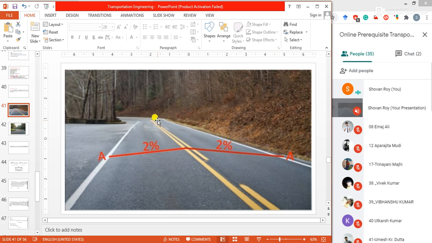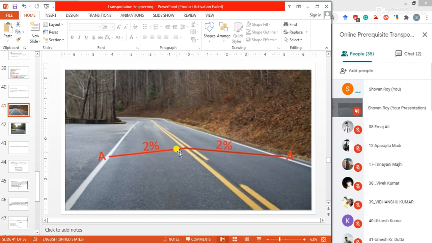If we provide the slope in the x direction, the cross slope, it is called camber. This is the difference.